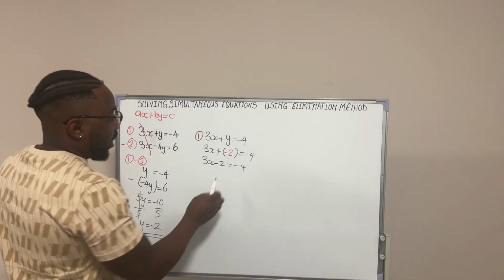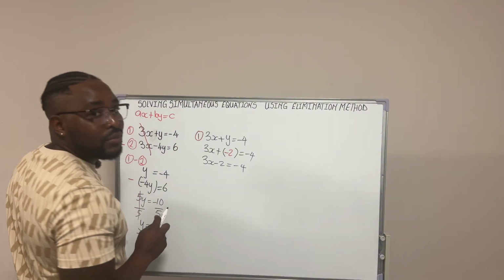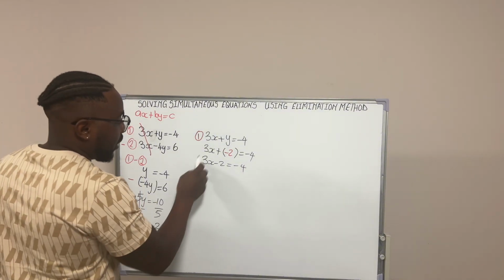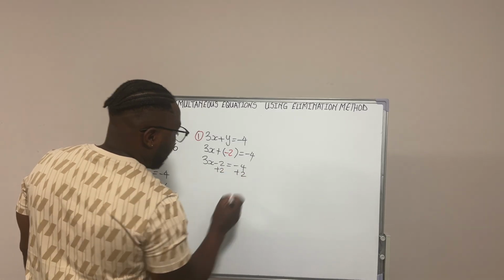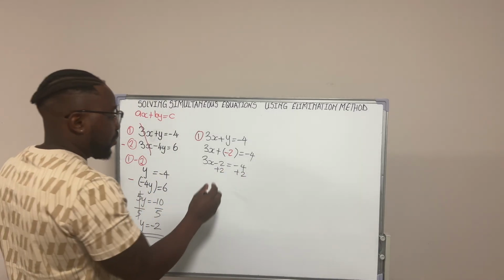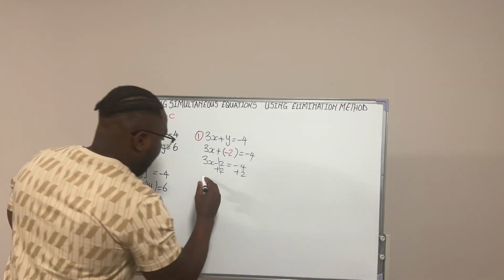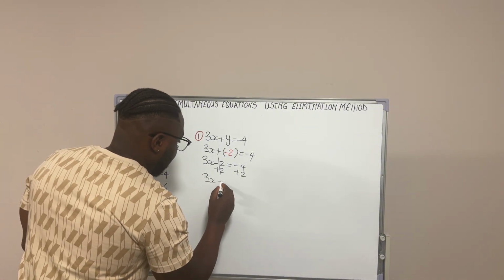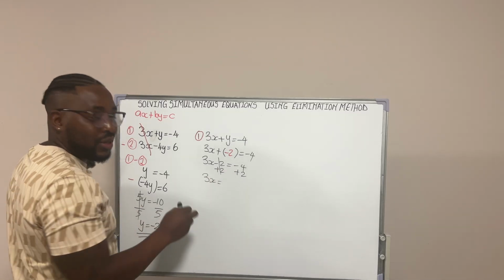So we have like terms here, negative 2 and negative 4. Let us isolate 3x by simply adding 2 to both sides of our equation. Negative 2 and positive 2 cancel out. We shall remain with 3x on our left side. Negative 4 plus 2 is negative 2.